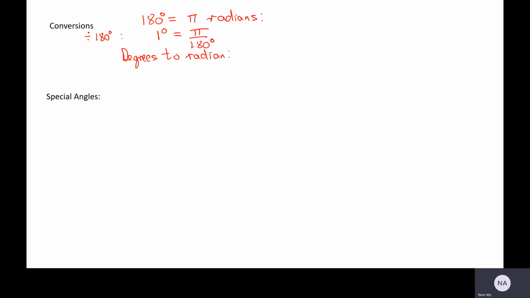In other words, if I want to find out how many radians in, let's say, 90 degrees, I take the 90, multiply it by pi over 180, simplify, and that is half pi or pi over 2 radians.